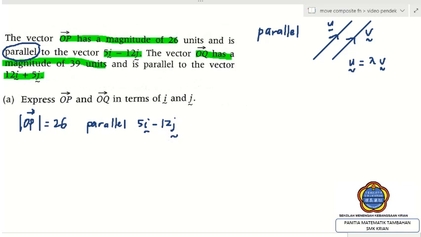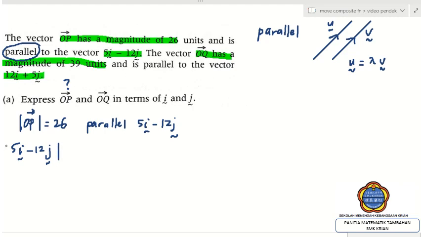Now the question asks, what is vector OP? How do we get the OP vector? We just have the magnitude and the parallel vector 5i minus 12j. Now what we can do is try to get the magnitude of 5i minus 12j.